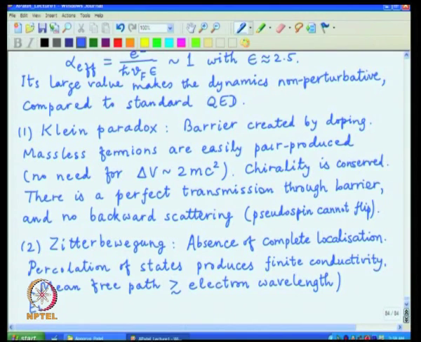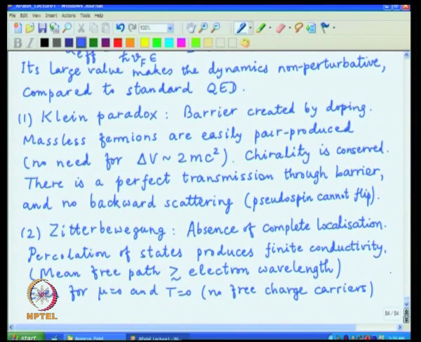And so, even for 0 chemical potential and 0 temperature, which means there are no free carriers available, there is finite conductivity, and the value of this is specified by the fundamental constants of quantum theory, and which happens to be e squared by h.